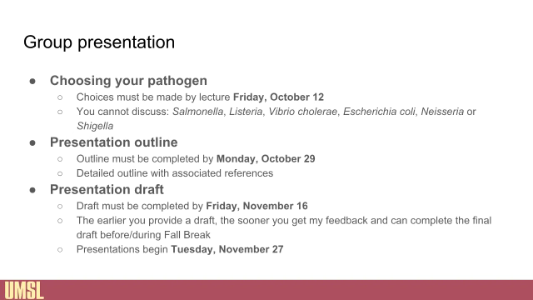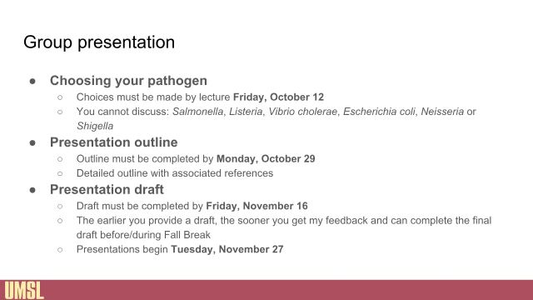But before we get started on that, I wanted to touch on something that is in the syllabus. It is part of your grade, and what's going to happen is you have to give a presentation, and you'll be assigned to a group of 3 or 4 people. I do the assigning, and what you're going to do is basically take us through the infectious life cycle of a particular pathogen of your choosing.